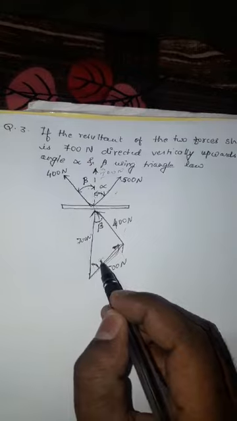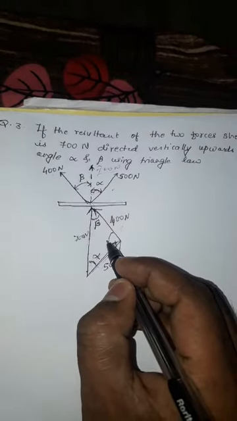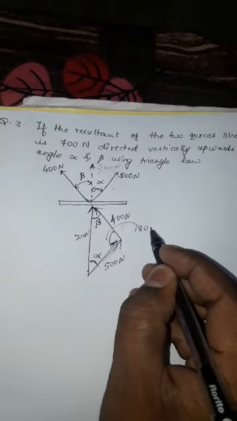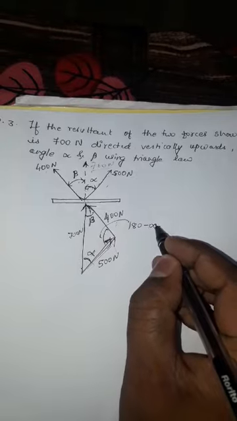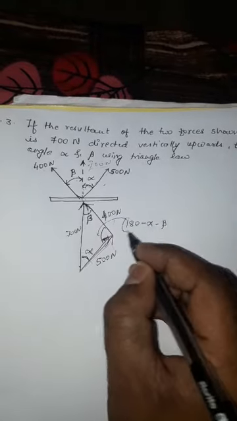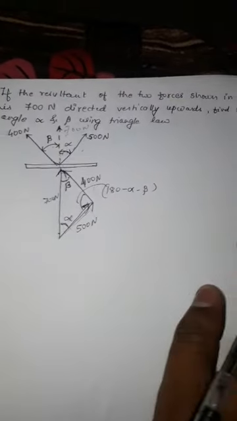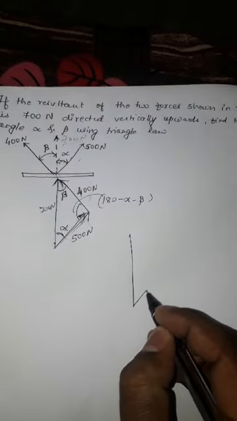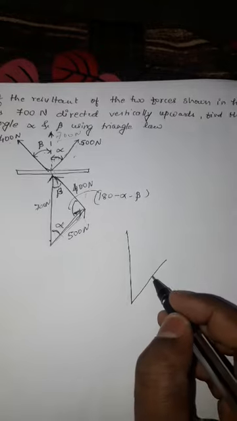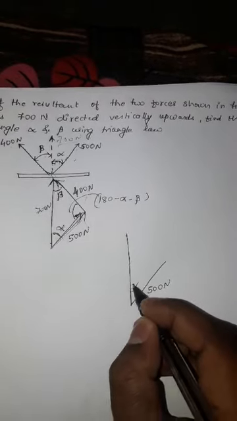This is alpha, so this will become 180 minus alpha minus beta, because the sum of the interior angles is 180 degrees. So again, for this figure I am drawing the individual figure. This is the vertical resultant. This is the angle made by 500 Newton with the vertical, which is equal to alpha.